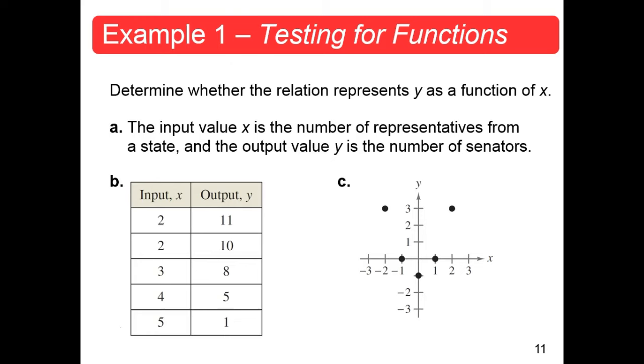No matter how many representatives you have, you have 2 senators. So for every input, there's only one output. The output is 2. Strange but true. That's a weird one to give as the first example. If it was the other way around, you just don't have any states with negative representatives.